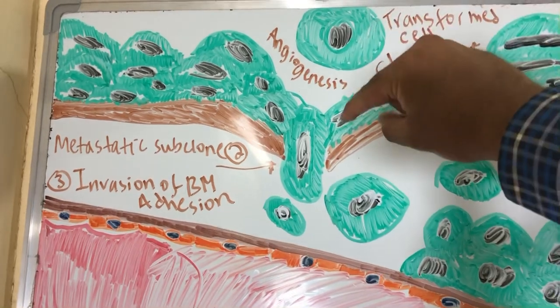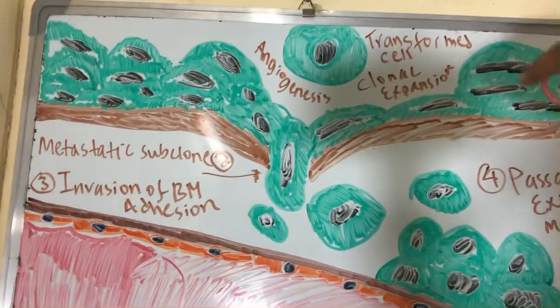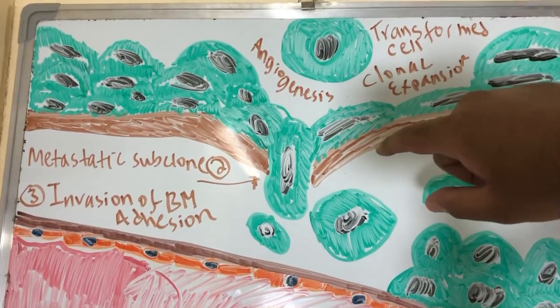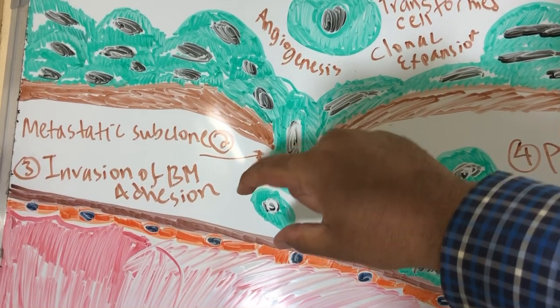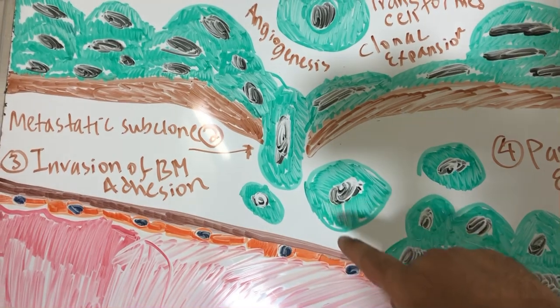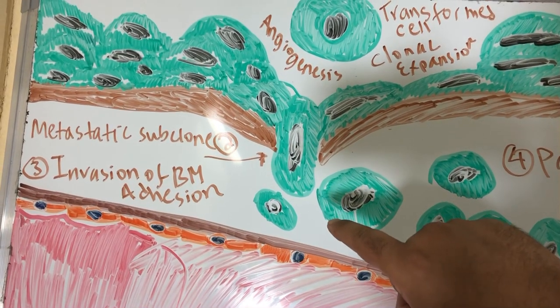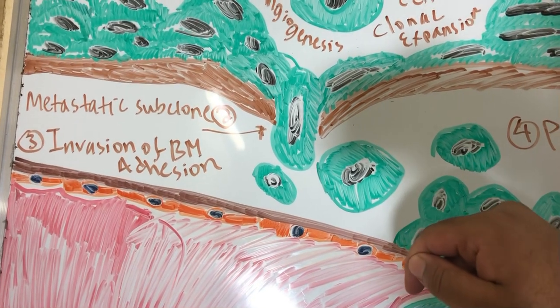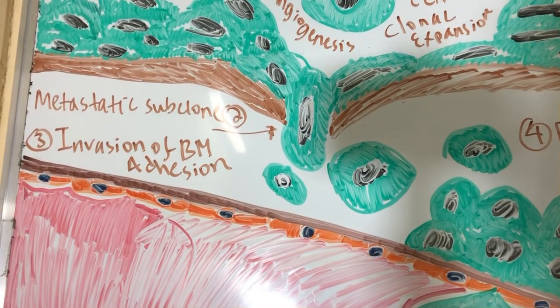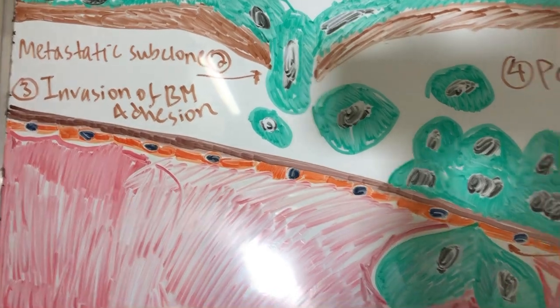A metastatic subclone is a transformed cell that successfully invaded the basement membrane and is now liberated to move through the connective tissue, looking for a blood vessel to enter the bloodstream and travel to far sites for metastasis.